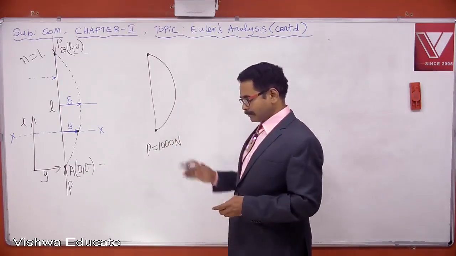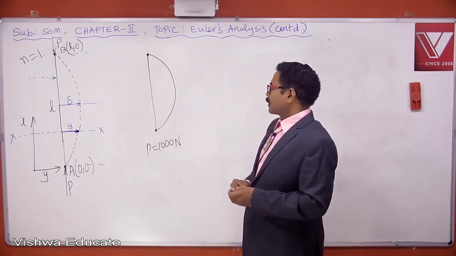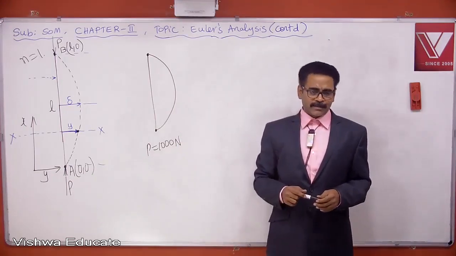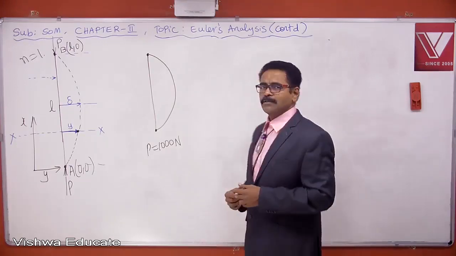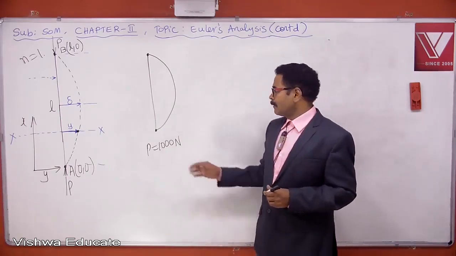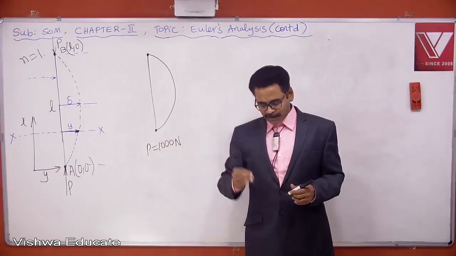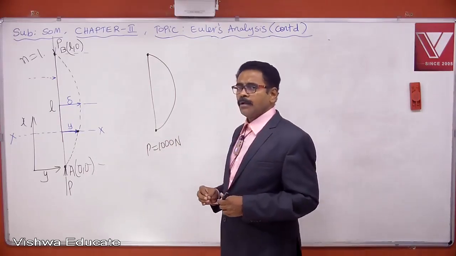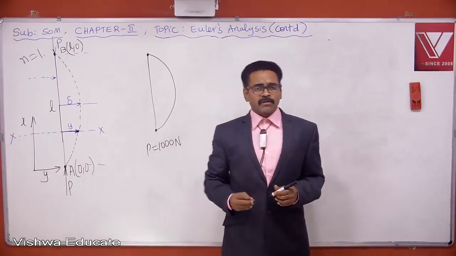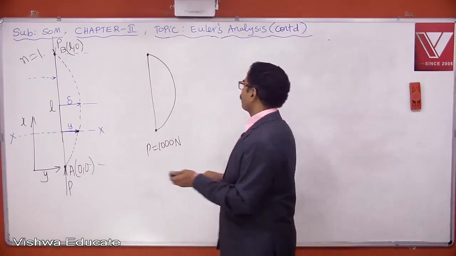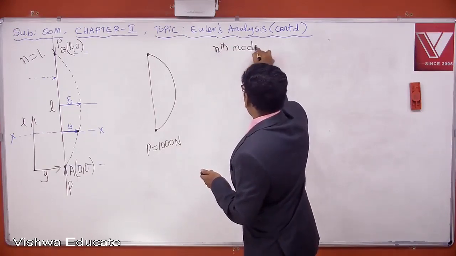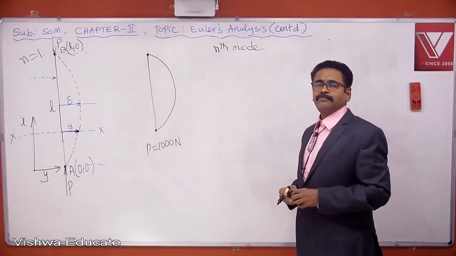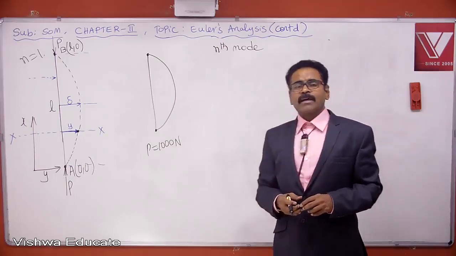First copy this. The critical load of this column is 1000 newtons. Now write down the sentence. If the above column buckles in nth mode, critical load becomes dash.